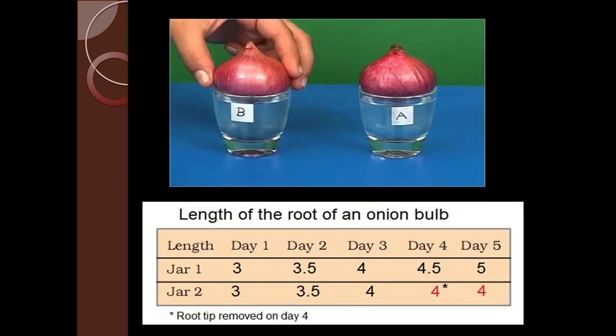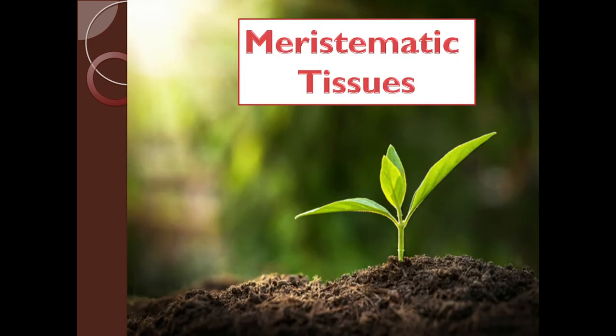After cutting the root tip of jar 2, it ceased to grow, whereas the root tip of jar 1 continues to grow and get longer. This activity suggests that the growth of the plants only at specific regions occurs because of the presence of meristematic tissues located at these points.